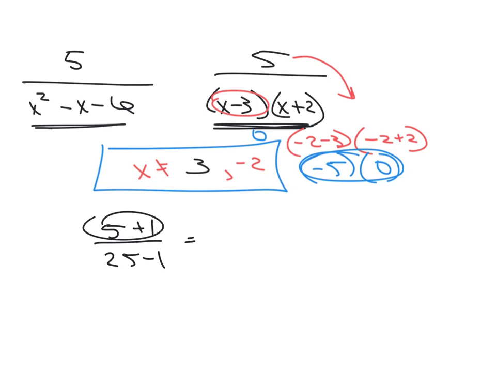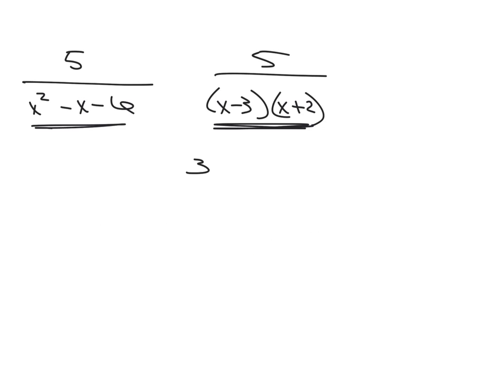So 5 plus 1 is 6, 25 minus 1 is 24, and that reduces to 1/4. Okay, that works great. The next problem is a little bit different because it's not so clean. So b is x plus 1 over x squared minus 1.